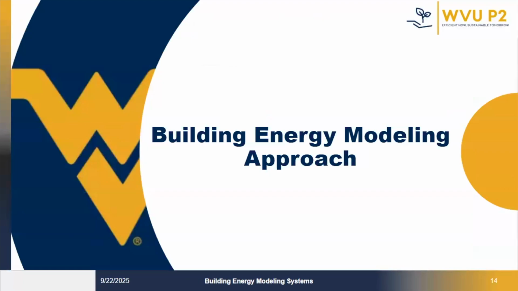So, not all the energy models are created equal. Basically, there are three main types, often called white box model, gray box model, and black box model. The approach we choose depends on our goal and what data is currently available.